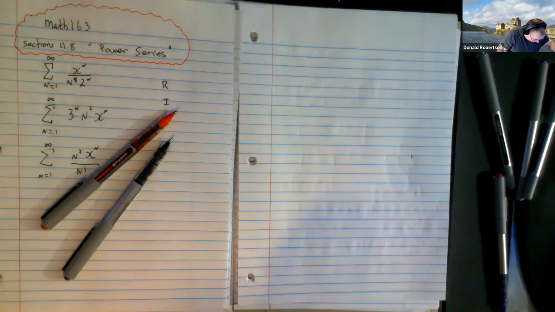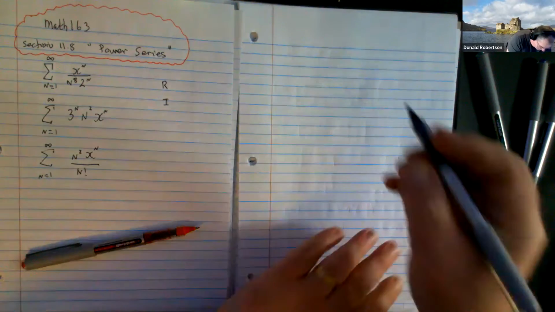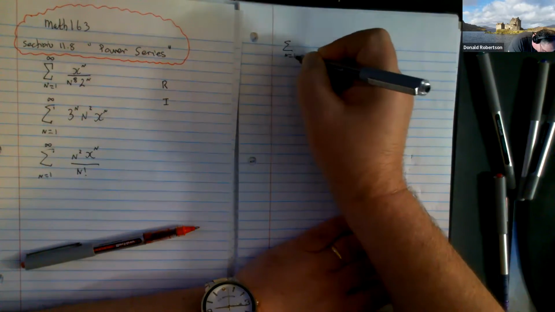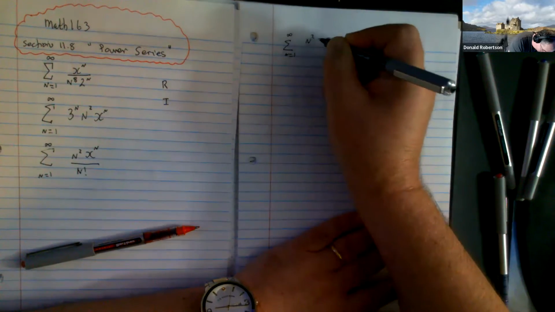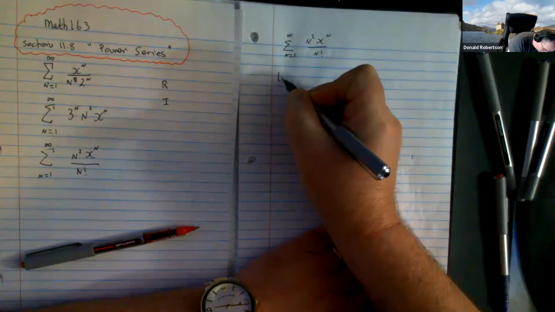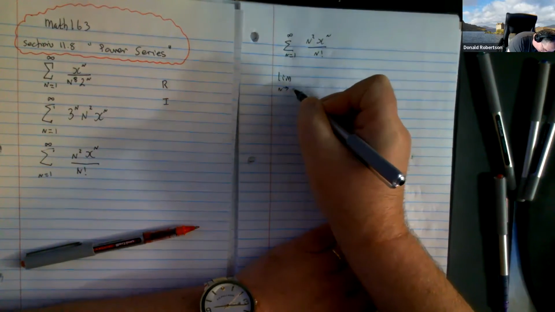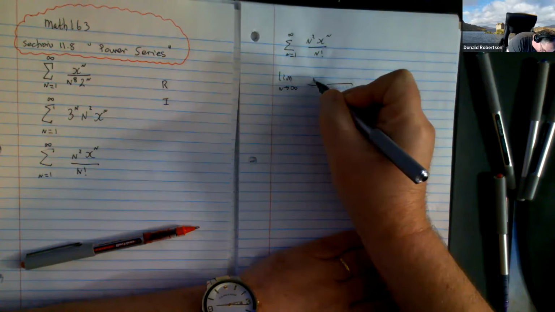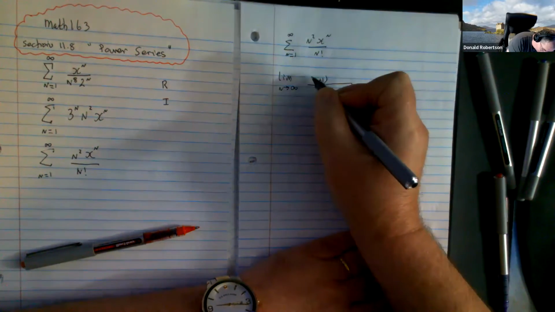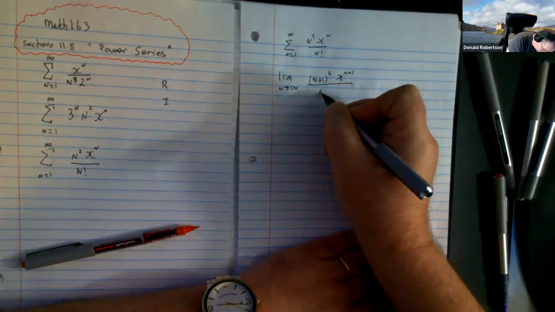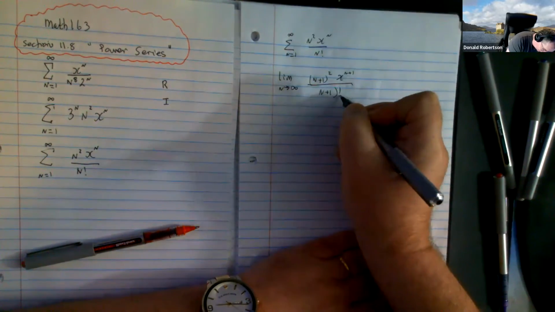Last one of this type, and then we'll move on. So I'm going to do this fella. I'm going to do a limit as n tends to infinity of n plus 1 squared x to the n plus 1 over n plus 1 factorial.